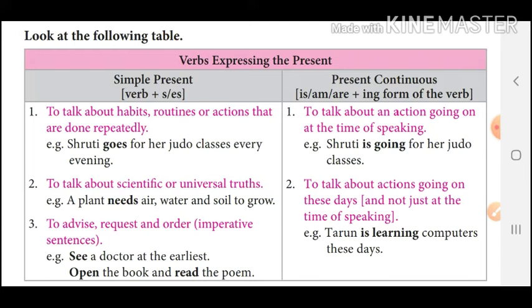On the other hand, present continuous tense is used to talk about an action going on at the time of speaking. Example: Shruti is going for her judo classes. It means she is going to judo classes and she is speaking at the same time.